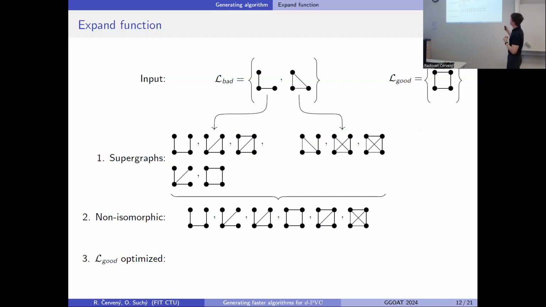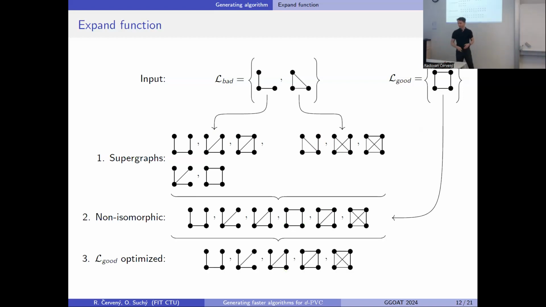Because this good list corresponds to structures that we already know how to get rid of. We already have some branching rule for it. So if we expand our bad list and we see that, for example, this guy is still here, we can get rid of him because we already know that we have a rule for him. So we do not have to process it again. Yes, and this is the expand step.